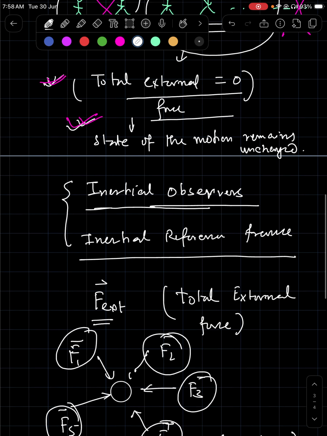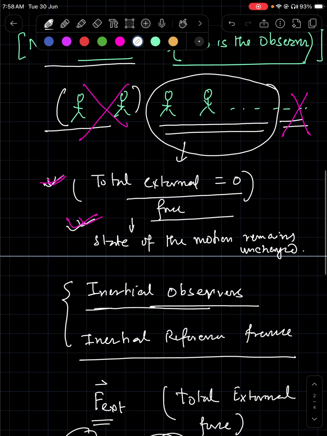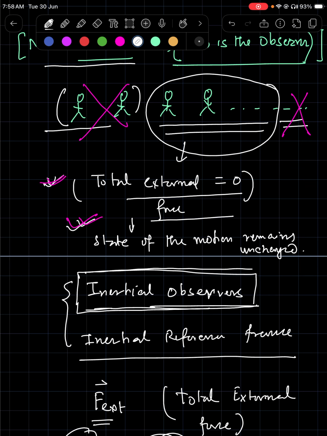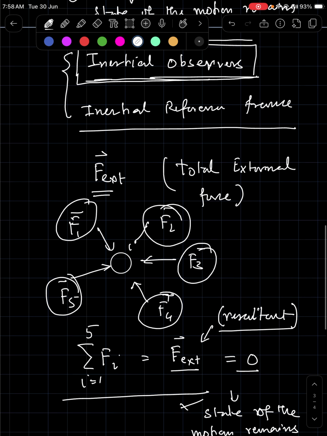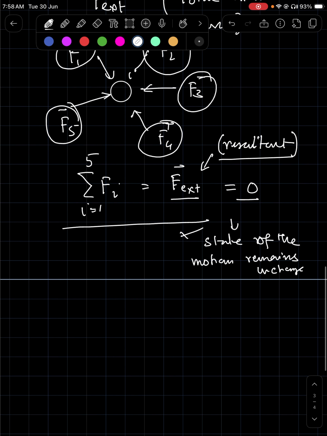From the very beginning, we have picked those observers from the universe who are called inertial observers. We will move with the inertial observers, and all the laws will be set by those observers, nobody else. So the conclusion is that Newton's first law of motion is giving me the inertial observers.